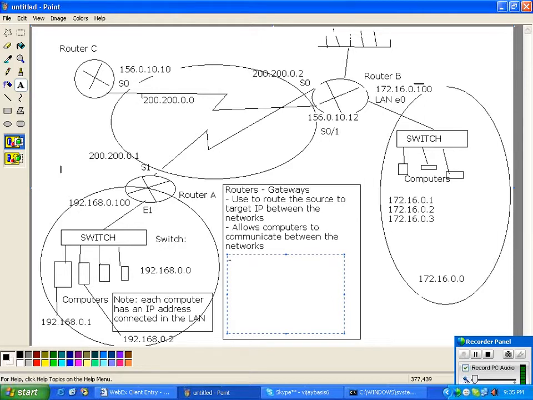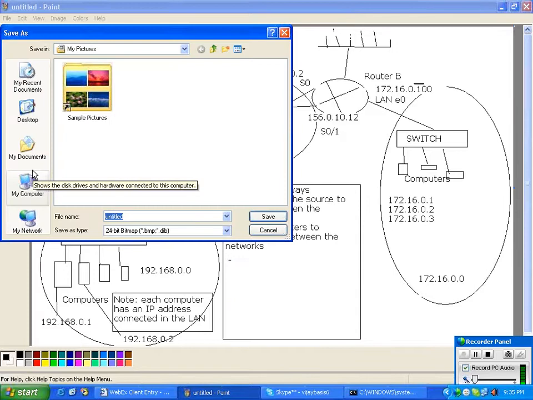It could be both. It could be either wireless or physical connection. A router will receive from ISP. Directly I can't connect from router to router. See, I'll take one more. I'll just save this and I'll take another scenario.